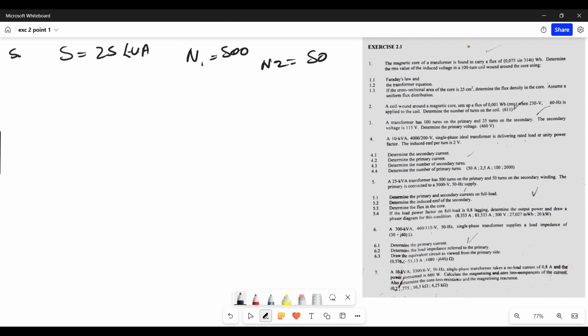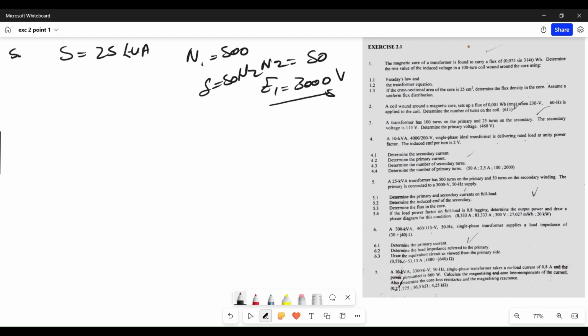We have E1 equal to 3,000 volts, and the frequency is 50 Hz. We need the primary and secondary currents on full load.